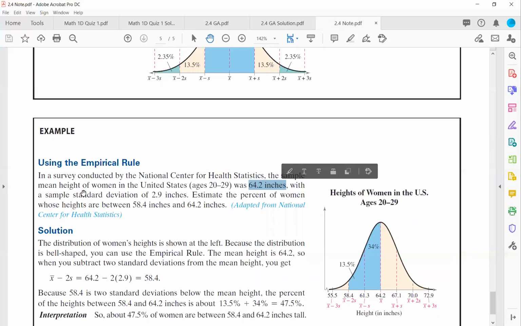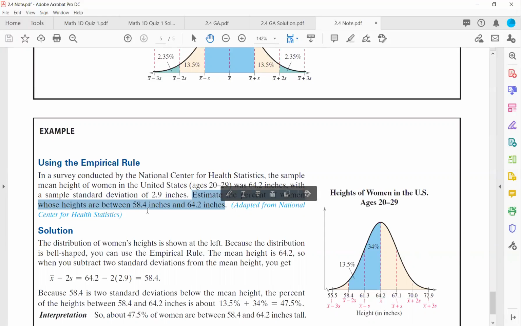So this is your mean, guys. Take a look at the keyword mean. With a sample standard deviation of 2.9 inches. Question says, estimate the percent of women whose heights are between 58.4 inches and 64.9 inches.